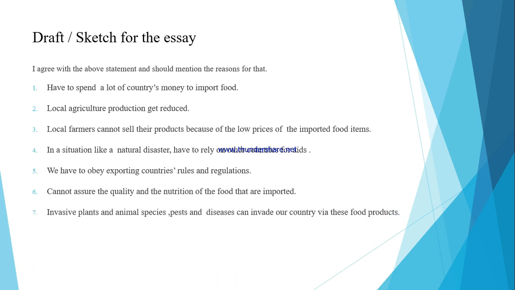Seventh one, or the last one, invasive plant and animal species, pests and diseases can invade our country via these food products. So these are the points that I am going to include in the essay. When I am writing the essay, I am going to explain these 7 points.